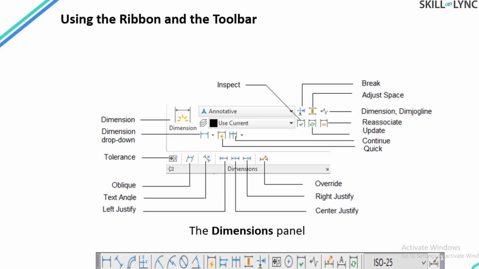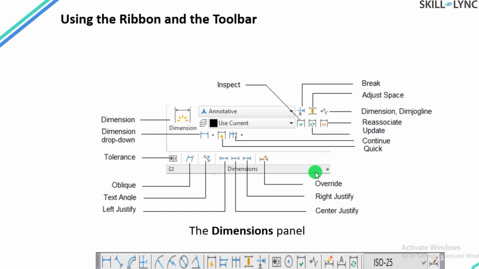So let's talk about the break dimension, and then I'll be talking about the continued dimension, how continued and baseline dimensions are very, very important while doing civil drafting or when you're doing a building design. So we'll give you the importance of continued dimension and baseline dimension. But before that, let's take the break dimension.